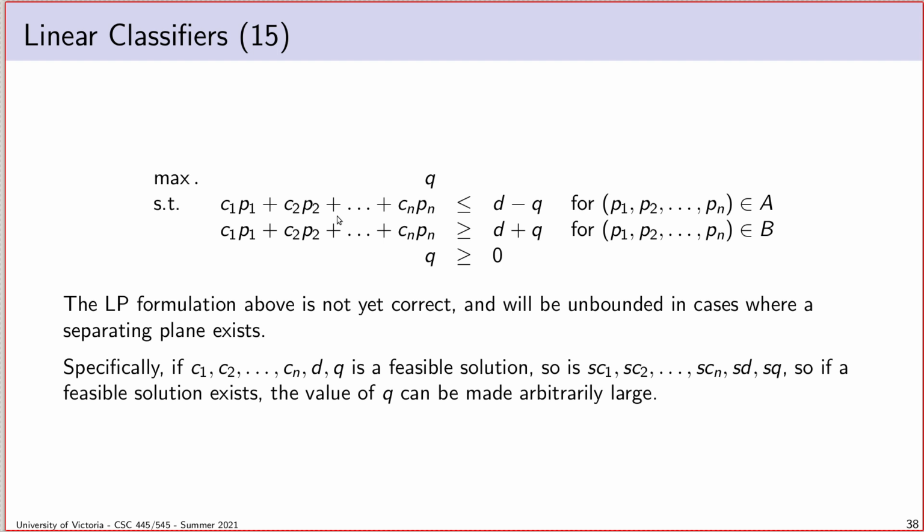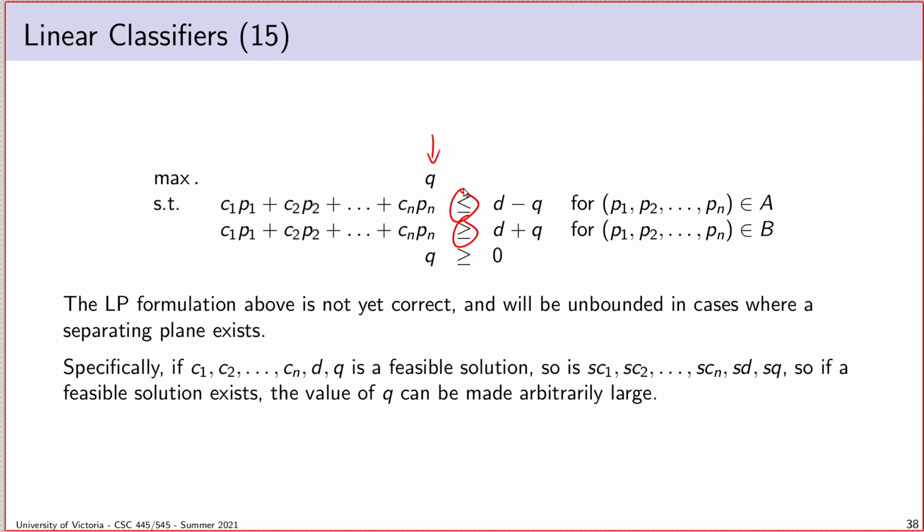But there is still a problem, which is that we're trying to maximize this new variable Q I introduced. And you'll notice that I've added it to both sides of everything. The sign is different, minus Q, plus Q, but because the inequalities are different, these will both end up having the same sign on Q once I convert to standard form.